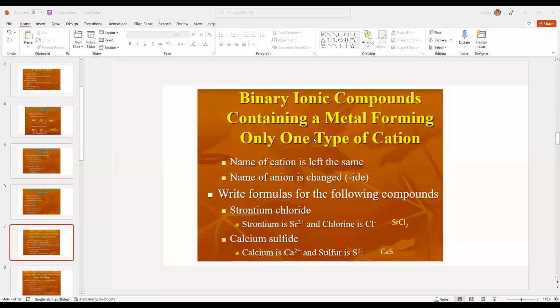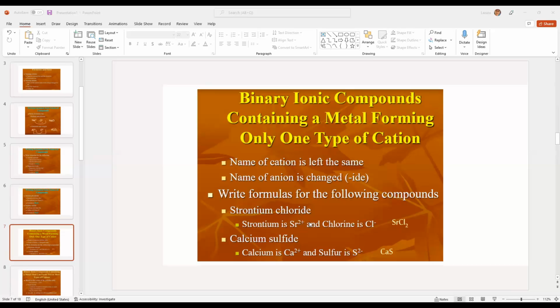When you have binary compounds, always the cation goes to the left and the anion goes to the right. The cation has the same name as the element, while the anion changes the ending to "ide." See here, for example, you have strontium that is Sr 2+ and chlorine that is -1. What do you do?